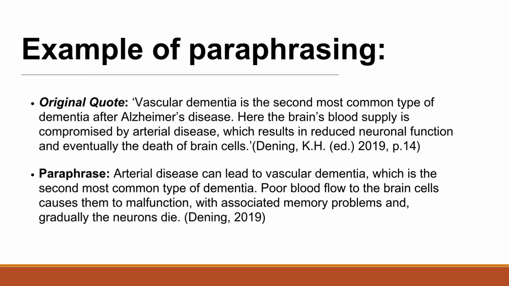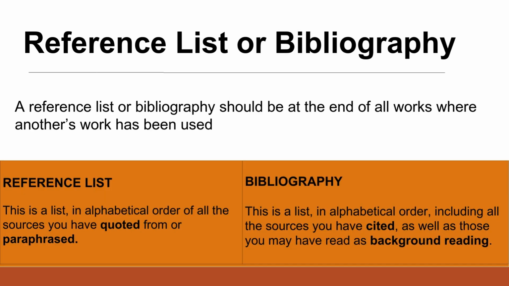My paraphrase: Arterial disease can lead to vascular dementia, which is the second most common type of dementia. Poor blood flow to the brain cells causes them to malfunction with associated memory problems, and gradually the neurons die. Denning, 2019.